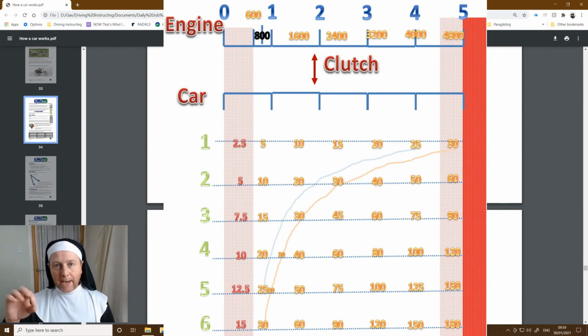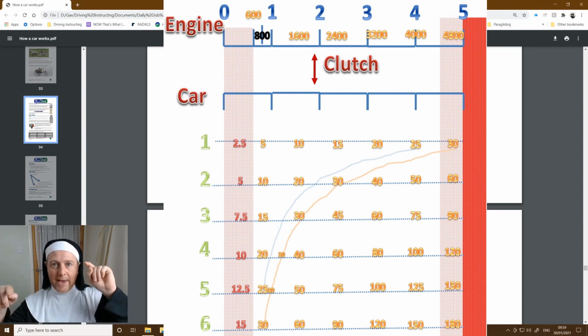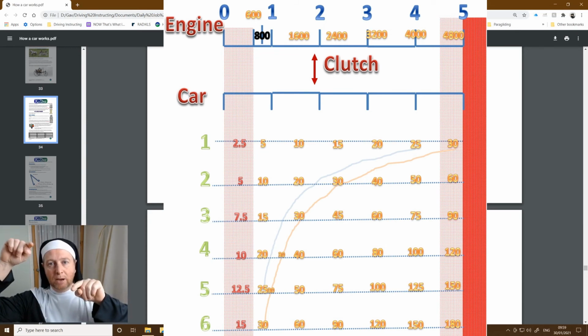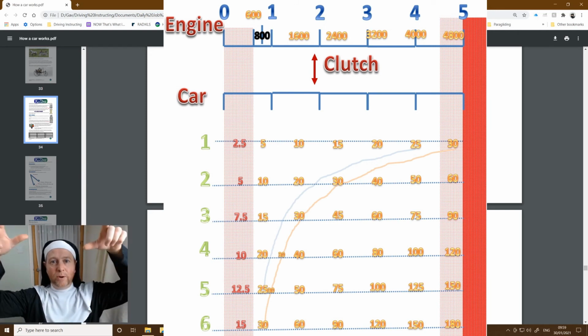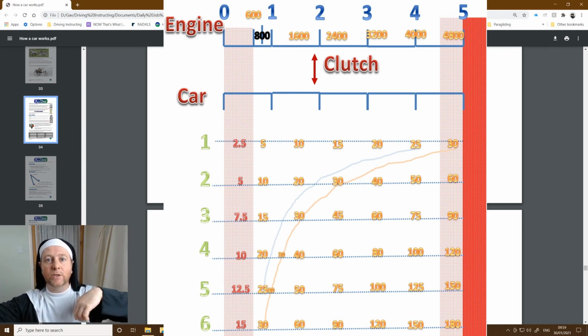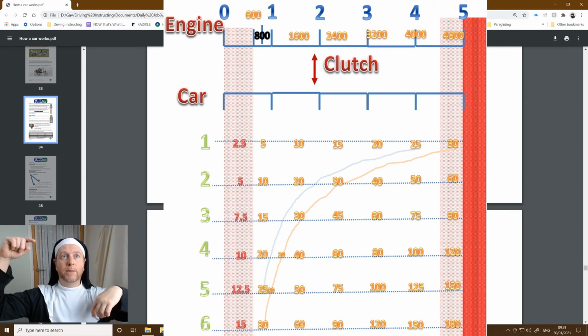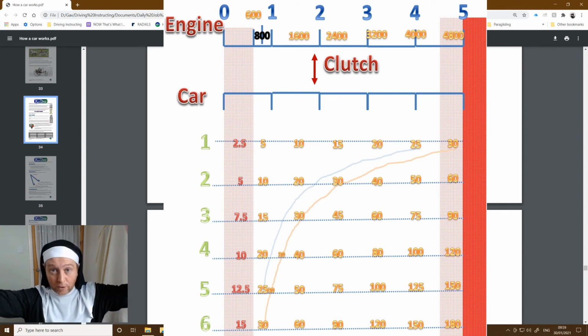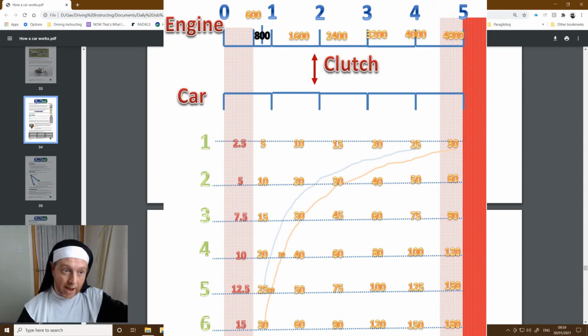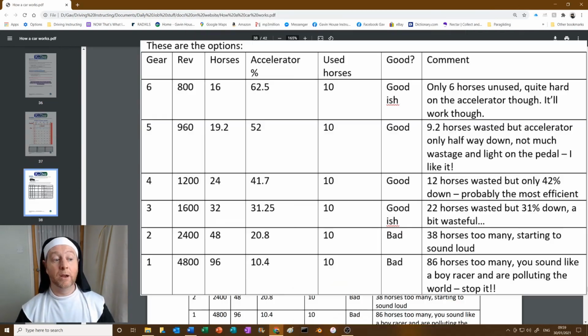So we pick a gear, and if you remember earlier on the diagram, the gear meant that the clutch on the gearbox spun at a certain speed, and if I join that to the engine, it makes the engine spin at the same speed. The engine, now spinning at that speed, creates horses, and I can utilize those horses and push it through the gearbox, and away we go.